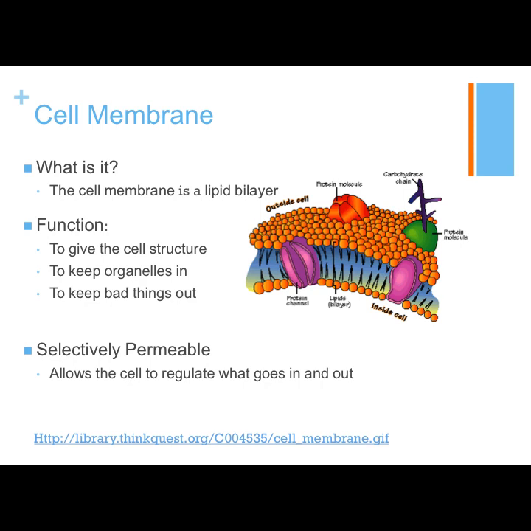This is the outermost layer that separates the inside of the cell from the outside of the cell, and it is composed of a lipid bilayer. It gives the cell its structure, keeps the organelles inside, and it's referred to as selectively permeable because it controls what goes in and out of the cell. And it does this through proteins, which you can see here in the cell membrane.